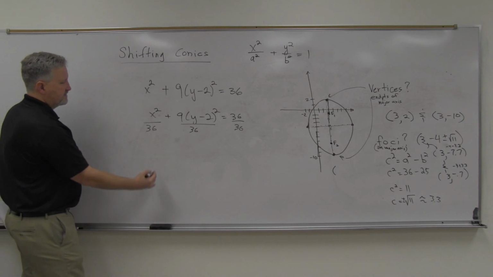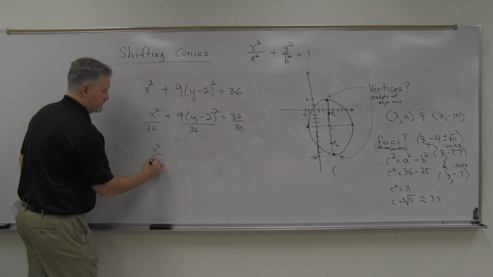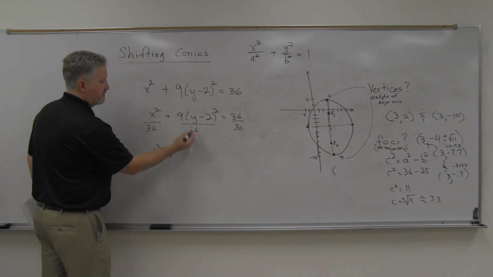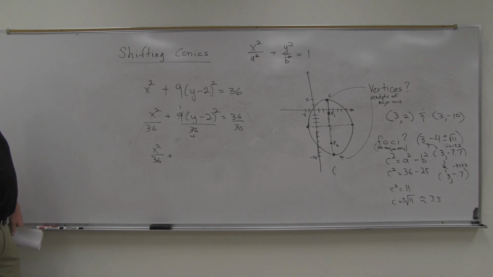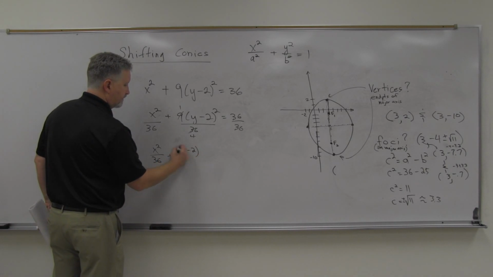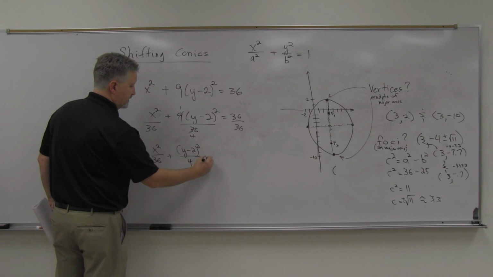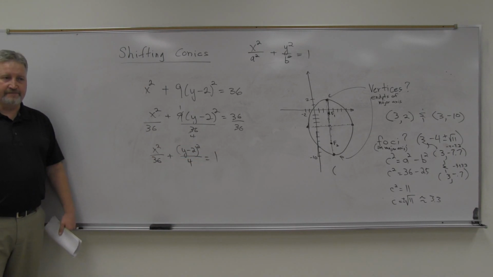If I simplify this side, it'll be x squared over 36 plus, what happens here? Cancellation. The 9 goes into 36, so that leaves me y minus 2 squared over 4 equals 1. That makes it hopefully clear that that's an ellipse.